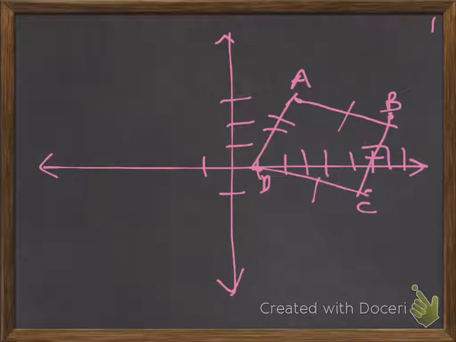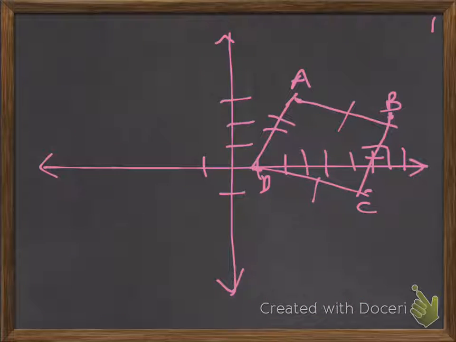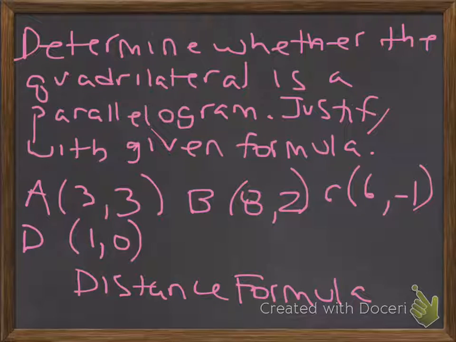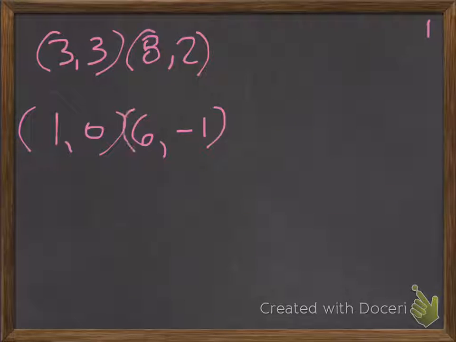So AB and DC, 3, 3, 8, 2, and DC 1, 0, 6, negative 1. We're going to use a distance formula for both of these to say that they're congruent.